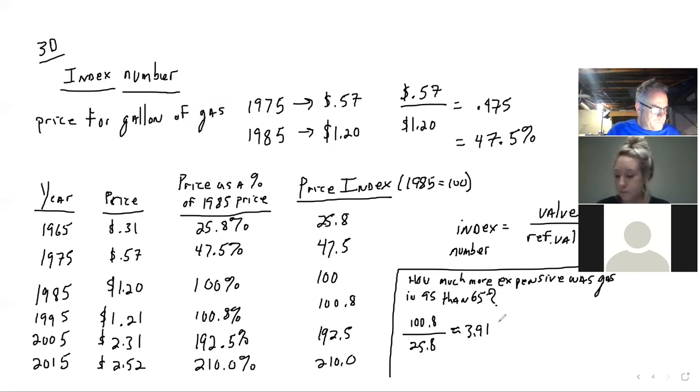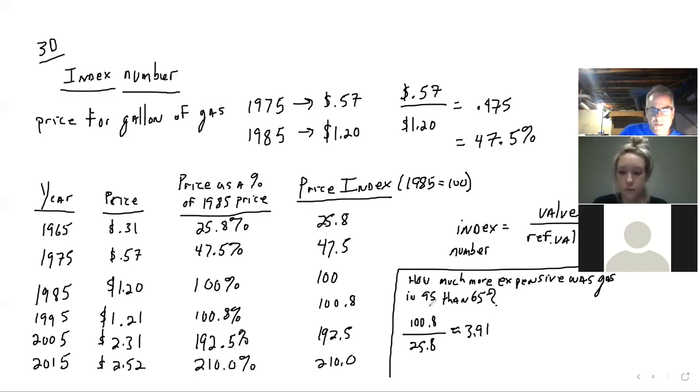Or it is 391% of the price. As an example, the amount of gas that cost $1 in 1965 would cost you $3.91 in 1995. Okay. So once I get this index table built, I can then compare any years.